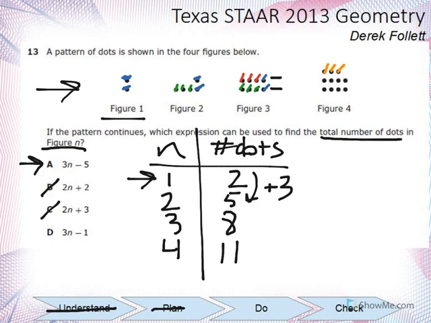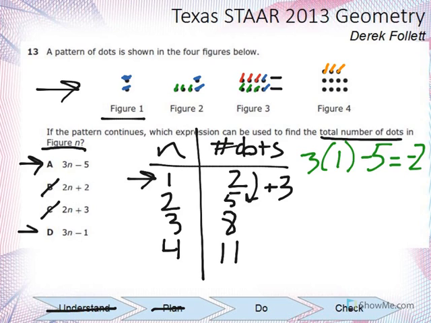Let's write it in green over here. So I've got 3 times 1 minus 5. 3 times 1 is 3. 3 minus 5 is negative 2. So it doesn't look like it's working for choice A, because I want to get out positive 2 when I plug in 1.